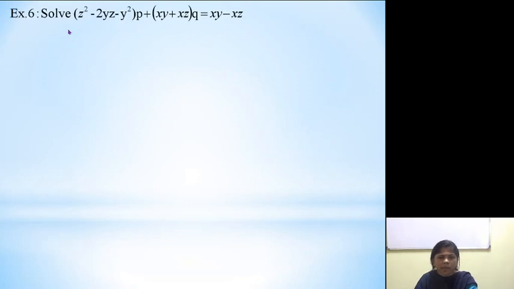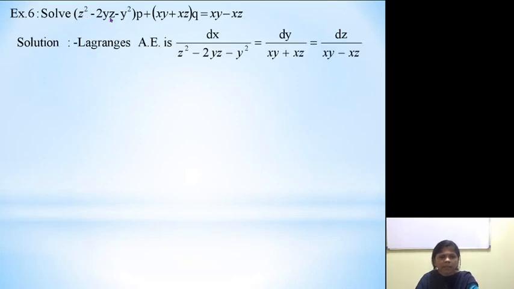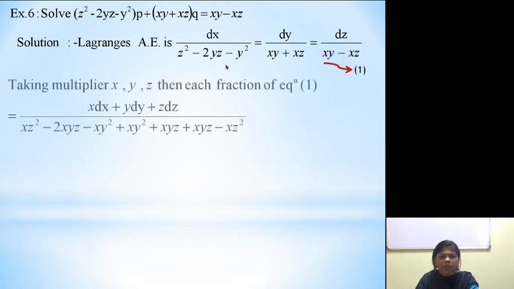Now let us take the last example, that is z square minus, so we will write it in the standard form. Again I observe that I can consider the second and third fraction, as well as here I can take the multipliers x, y, z, because here we have y, z, x, z, x, y, such type of terms. So let us try to make them x, y, z.